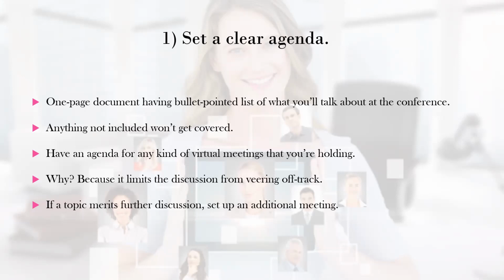Right. So here it says set a clear agenda. It means a one-page document having a bullet-pointed list of what you will talk about at the conference. So what you need to do is create a one-page document where you highlight the bulleted list of what you will talk about at the conference.